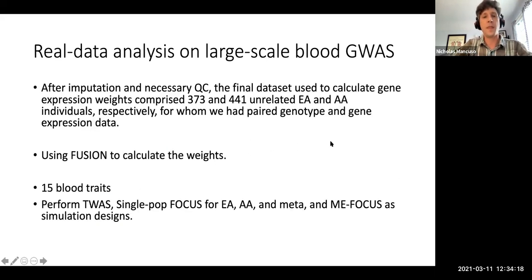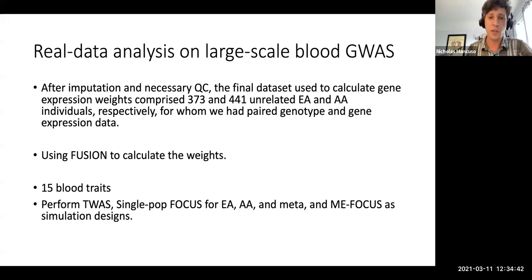Imputation was performed on GENOA. QC was done over all the genetic data, under reasonable assumptions, just like any other eQTL study. There were related individuals that we needed to prune. To get unrelated individuals, that ended up resulting in 370 and 440 European and African ancestry individuals.